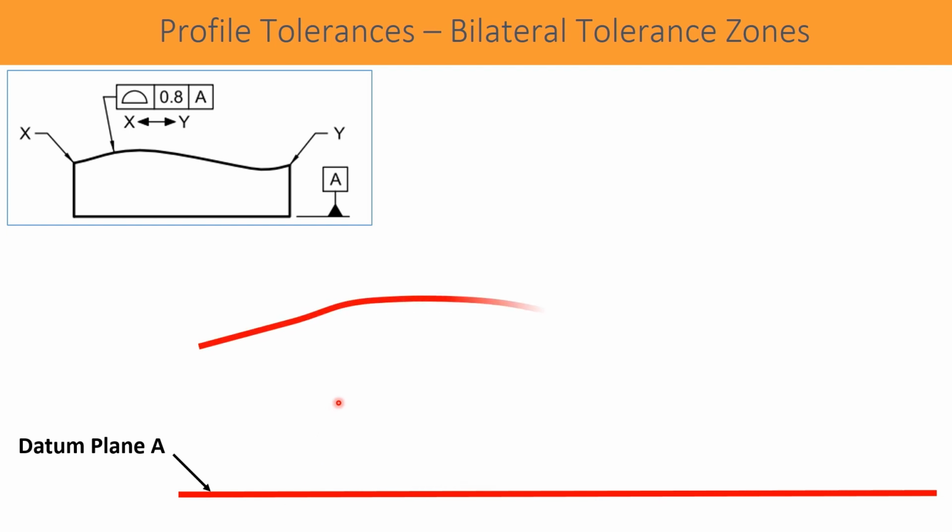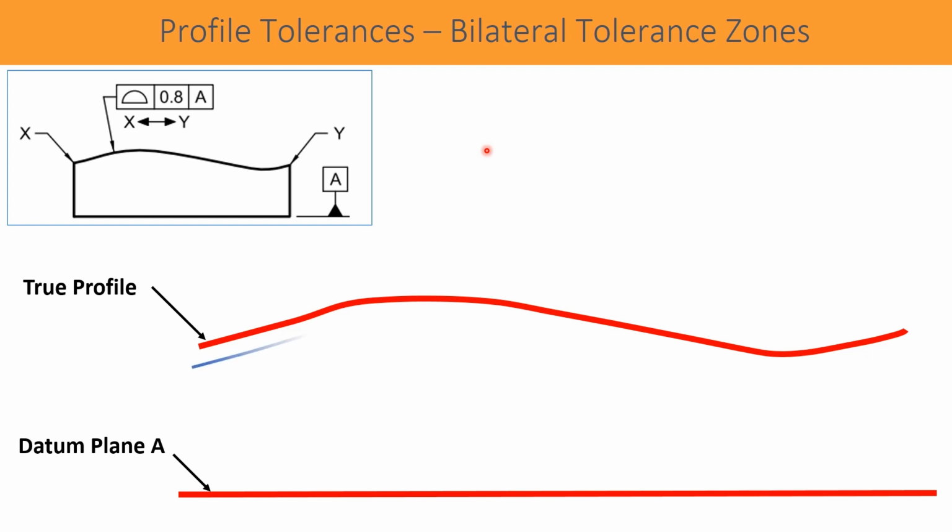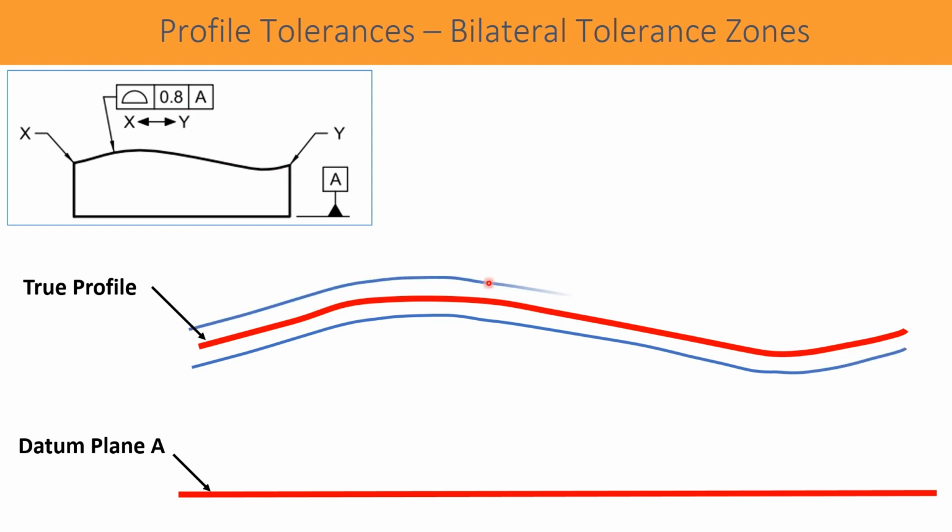Now, the true profile or nominal profile. The true or nominal profile is a profile digitally available in a CAD model, or it is shown on a proper drawing. Then 0.8 is the tolerance which needs to be distributed on both sides along the nominal surface or the true profile.